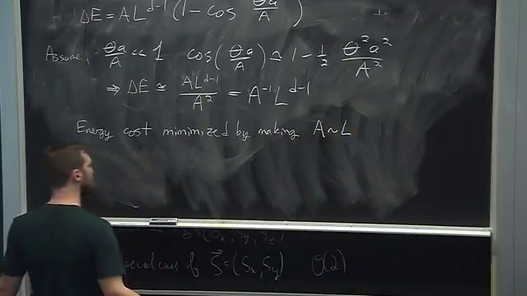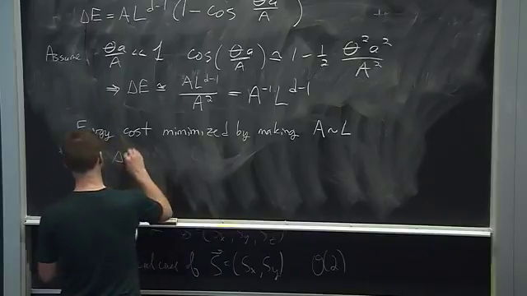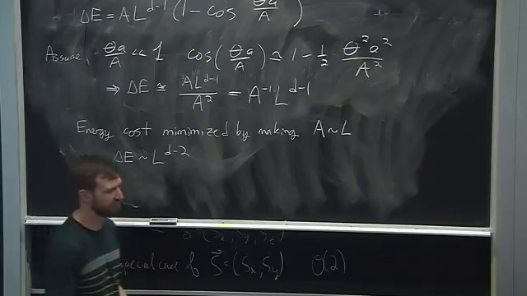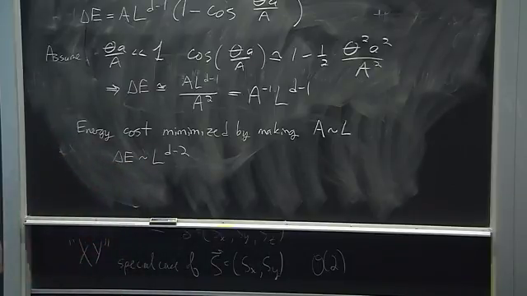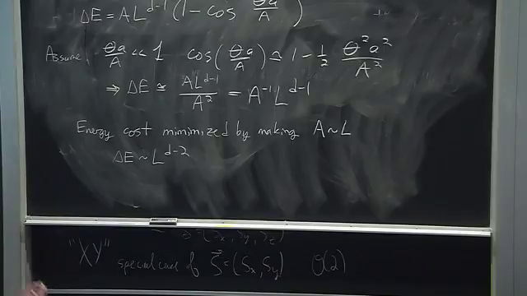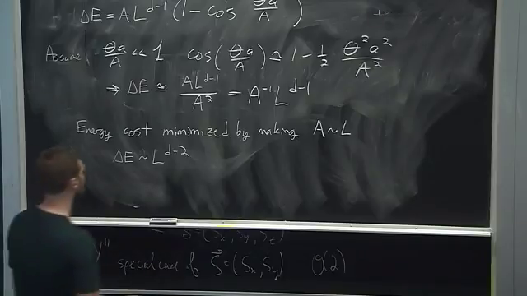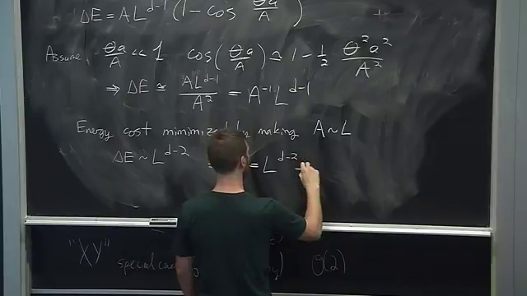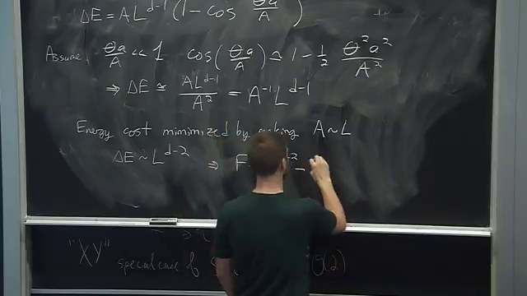It can't get any bigger. So then your delta E goes like L to the D minus 2. Assuming your entropy doesn't change, all you have to assume is that there's some functional dependence of the entropy on L. Then your free energy will be L to the D minus 2 minus T log L, say.